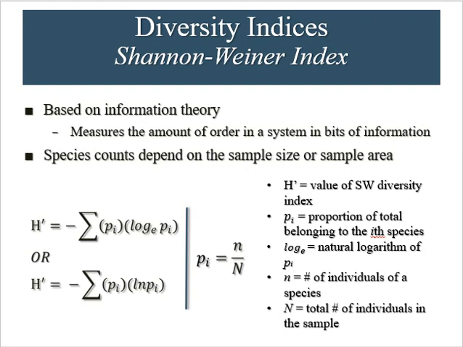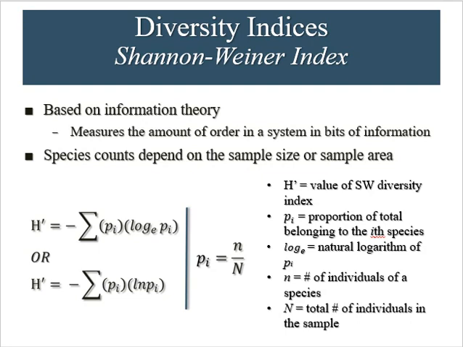Information indices are based on the rationale that diversity in a natural system can be measured in a way that is similar to the way that information contained in either code or messages is measured, basically measuring amounts of order in a system in bits of information.